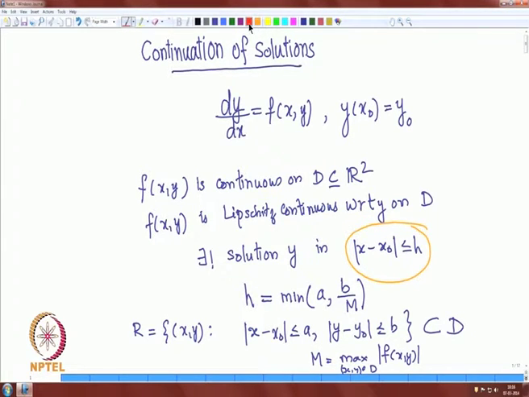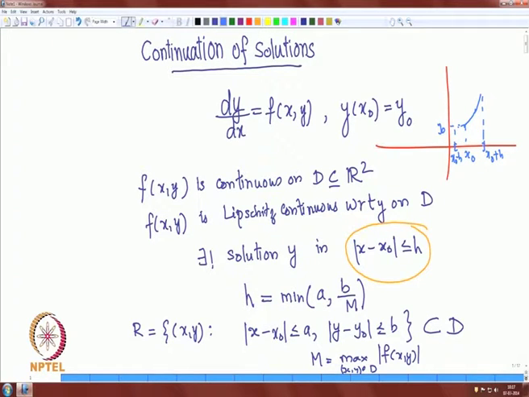If we visualize it, say this is your x 0 point and this is y 0, you are looking for a solution and the solution is defined on some small interval between x 0 minus h and x 0 plus h.